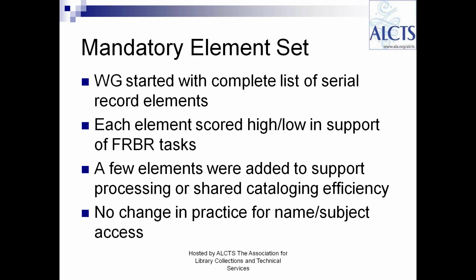Specifically, one of the ways to reduce the amount of time catalogers spent on creating a record was to reduce the number of subject headings. And I think that was seen as a failure of the record standard. We didn't want to go that way because we really did want to maximize access and really focus on access. So there was no change in practice for name and subject access.